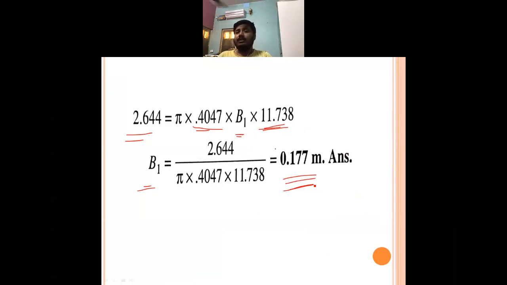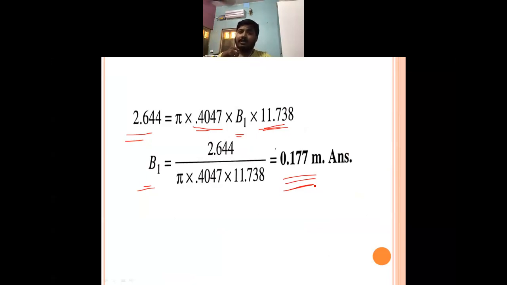And let me tell you one thing, if we are solving problems on any Francis turbine or Kaplan turbine or any reaction turbine, the velocity diagram is mandatory to solve this kind of problems. Each time you want to solve any problem on Kaplan turbine, Francis turbine, or reaction turbine, the velocity diagram is a must.